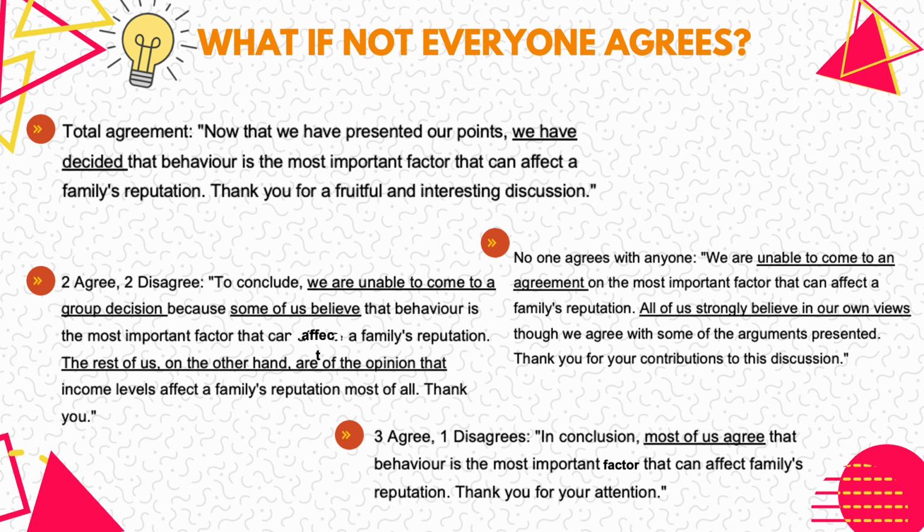The rest of us, on the other hand, are of the opinion that income levels affect a family's reputation most of all. Thank you. When 3 agree and 1 disagrees, in conclusion, most of us agree that behavior is the most important factor that can affect a family's reputation. Thank you for your attention.